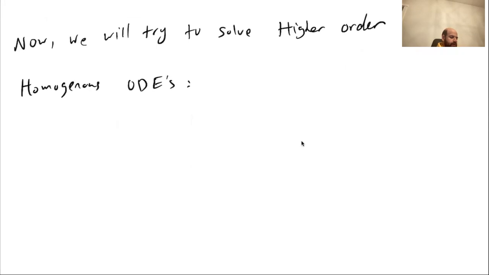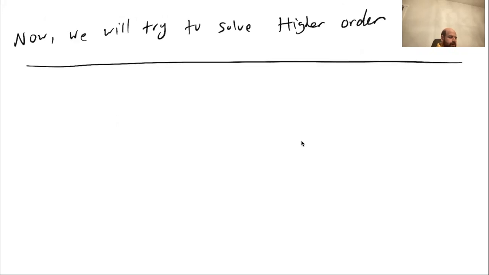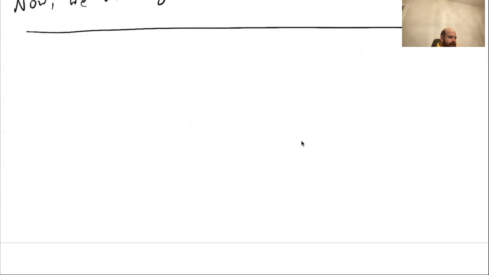Or let me say higher order ODEs for now, and as a special case, then I'll consider homogeneous ones. So let's look at the existence and uniqueness first. Existence and uniqueness of the solution.